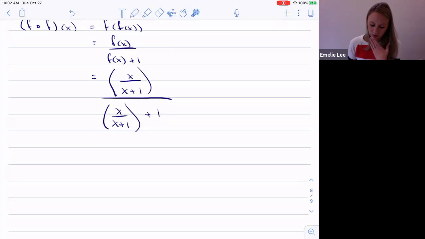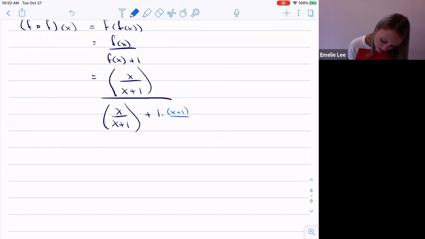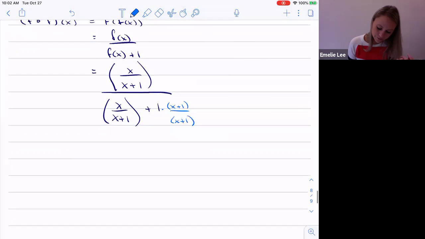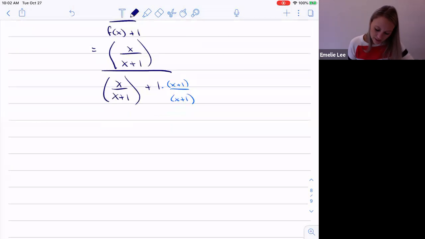Okay. Notice that in order to combine these and in order to simplify stuff, I need to have a common denominator of x plus 1 because this is over 1. So 1 times x plus 1 is just x plus 1. And so I need to multiply this by x plus 1 over x plus 1 before I can combine these things.